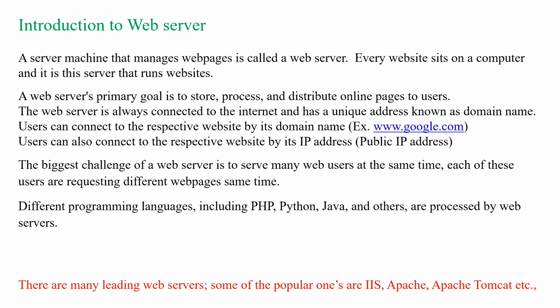A server machine that manages web pages is called a web server. So every website sits on a computer, and it is this server that runs those web pages or websites. Today, we are going to create two virtual machines, one a Linux-based and another one a Windows-based virtual machine.